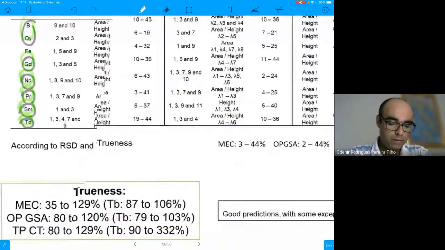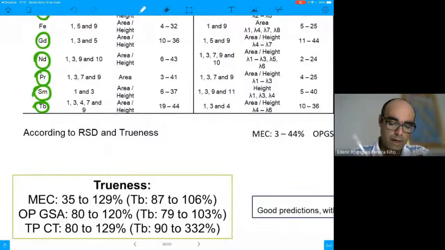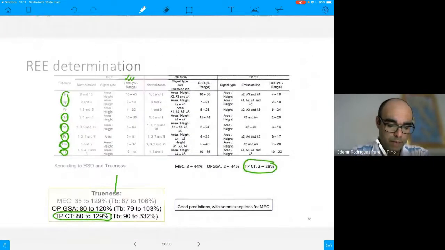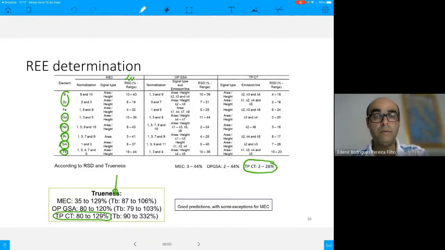And the results for trueness, using two-point calibration transfer, varied from 8% up to 129%. The problem we found was about terbium. The results were not so good because the concentration of terbium is very low in this type of sample, the hard drive magnets.